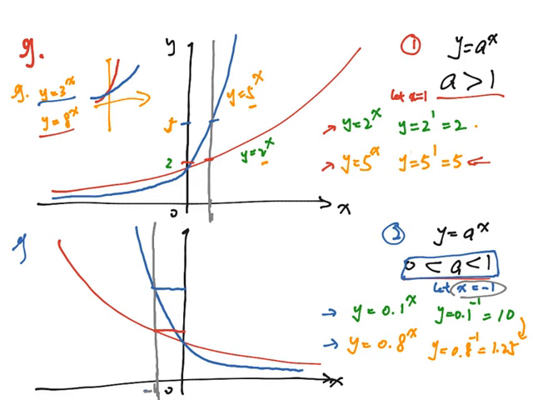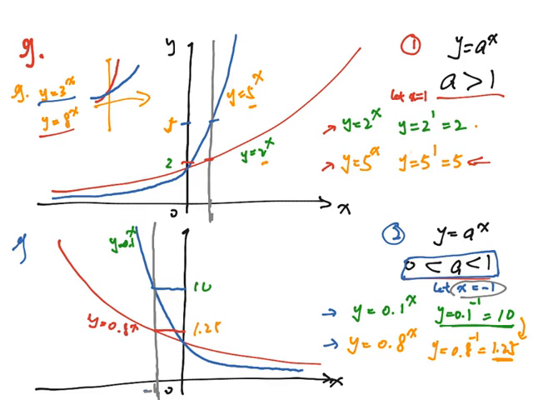So this one is bigger. That means this blue line is y equal to 0.1 power x. And for the yellow one, this one is smaller than 10. This one is 10, and the other one is 1.25. So the red one is 0.8 power x.